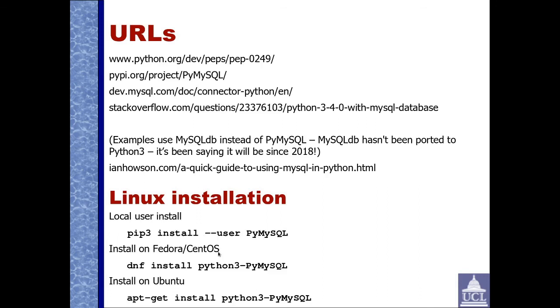If you want to install it centrally for everybody to use on Fedora or CentOS, you can use DNF or yum followed by install -3 PyMySQL, and on Ubuntu it'll be apt-get install -3 PyMySQL. We're going to stop at that point, and in the practical you will query the MySQL database that you've used previously.